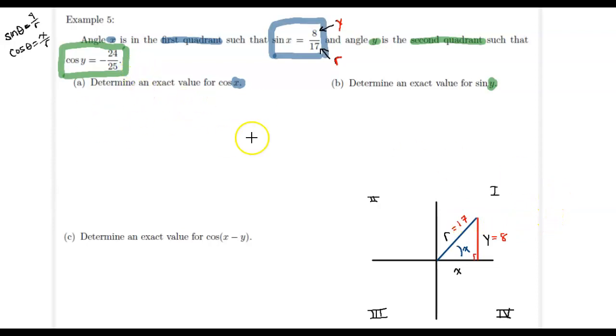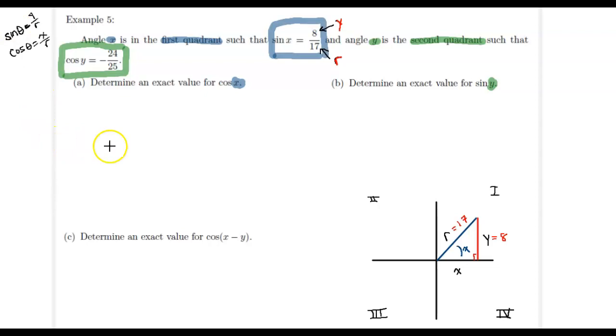But we need to determine the exact value for cos of x. Cos of x needs my x component and my r. I've got my r as 17, but I don't know what this is yet. So we have 2 sides here, but we're missing my third side, and I need that to complete this ratio. This is a right angle triangle, right?